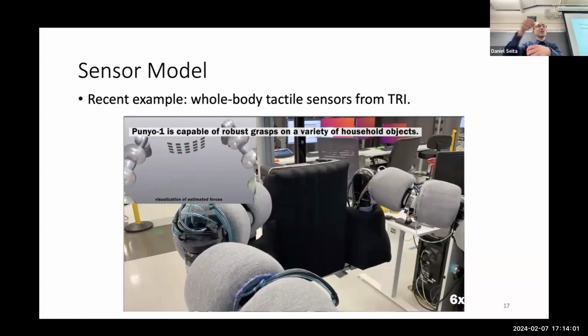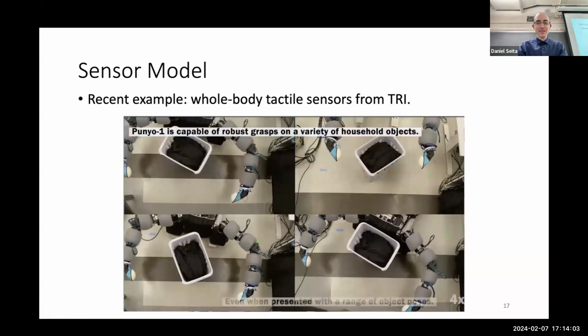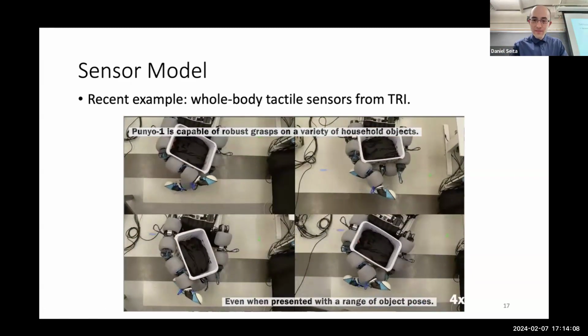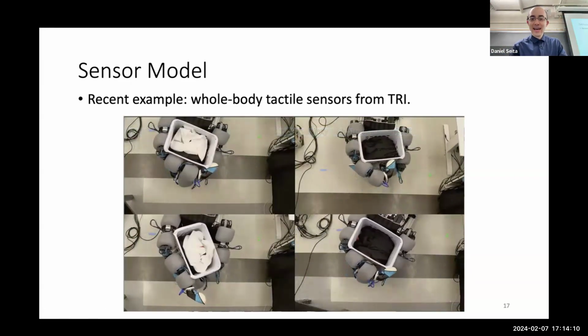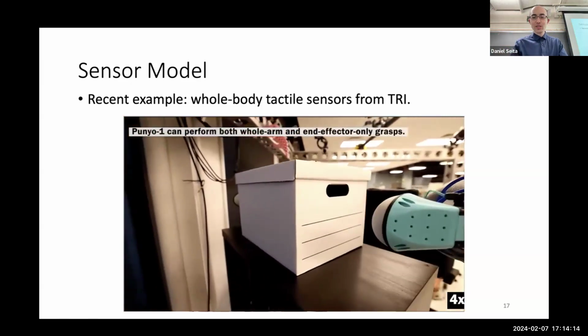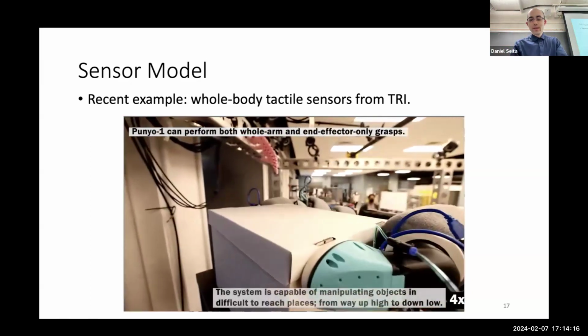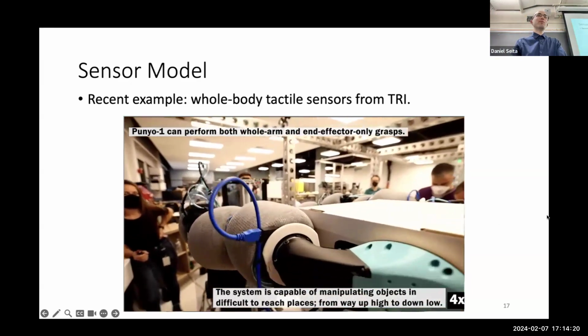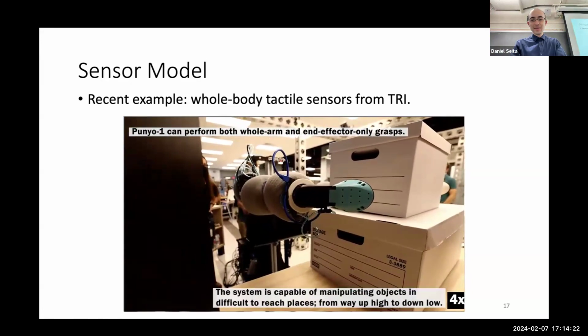If you try to shake it, it can be pretty robust. I'm trying to see if they have an example of what the data from the tactile sensor looks like, but I don't think they have it in this video. It's mostly just to give you a sense of what state-of-the-art people are doing these days.